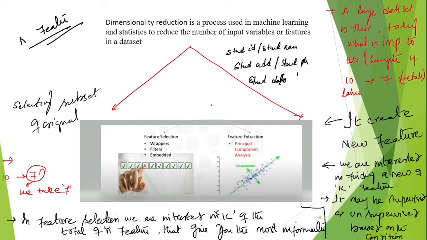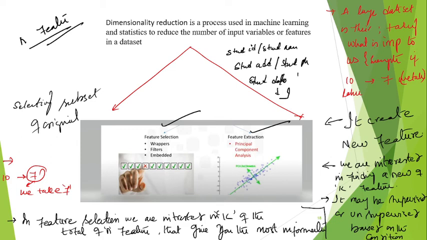Now, why is there dimensionality reduction of my features? So that I can get a desired output. It is divided into two parts: feature selection and feature extraction.